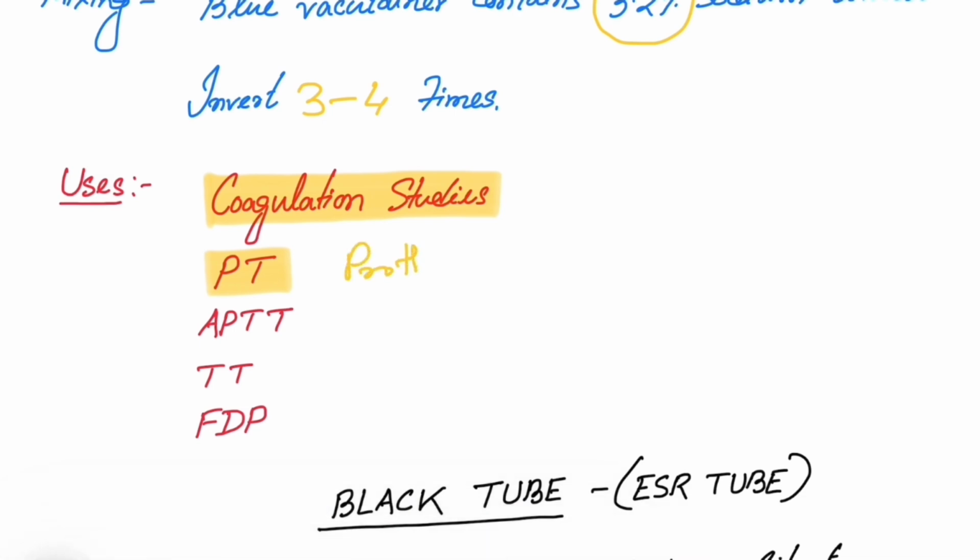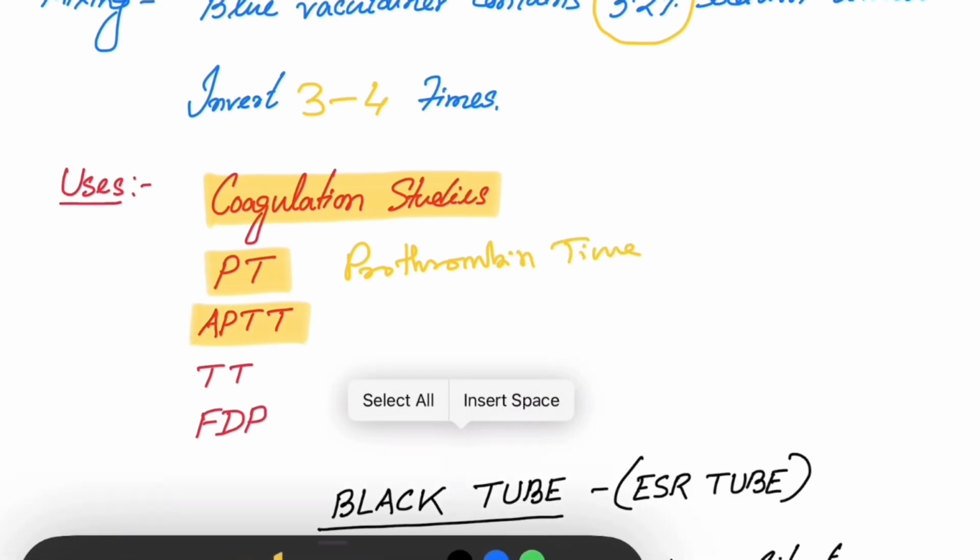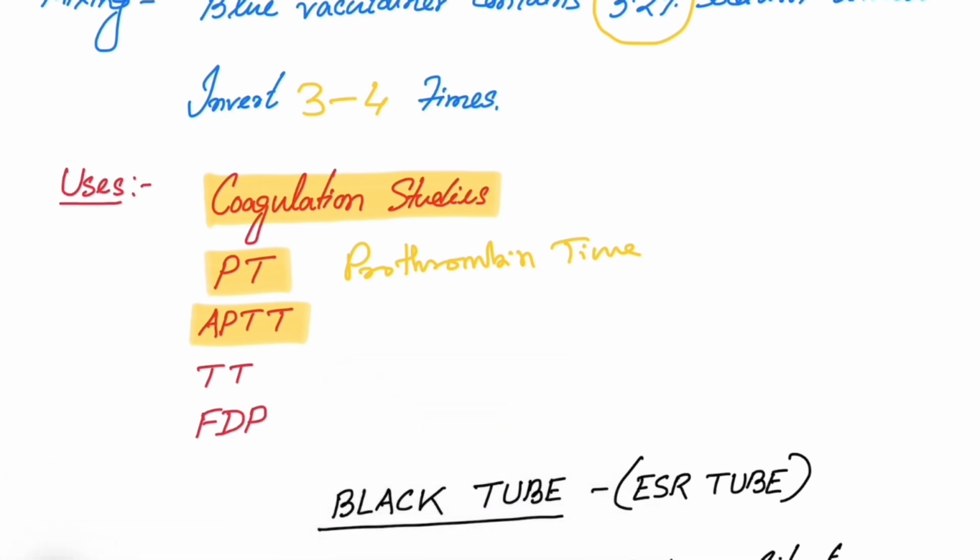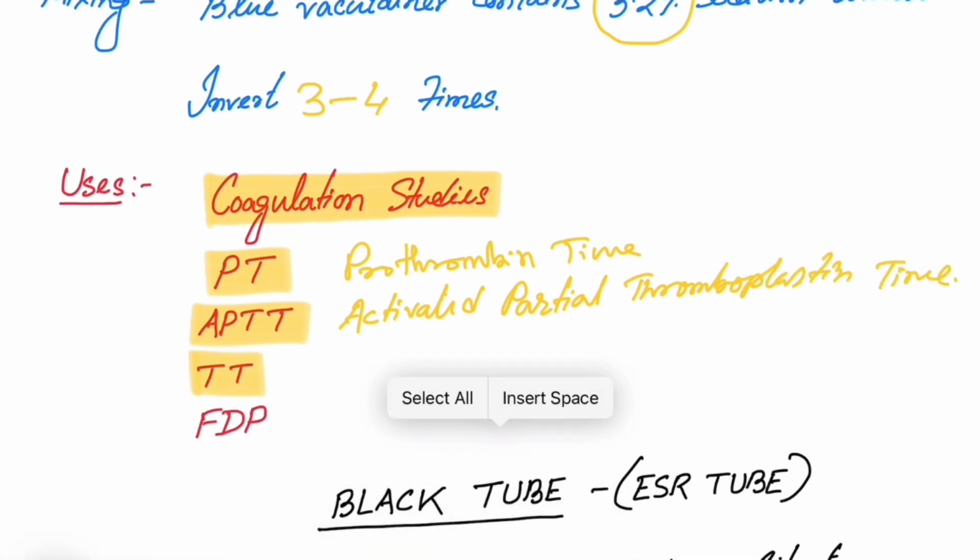PT means prothrombin time. Then APTT. APTT means activated partial thromboplastin time. TT. TT means thrombin time. FDP. FDP means fibrin degradation products.